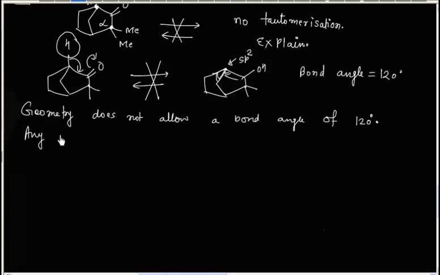So any hydrogen at a bridgehead carbon will not participate in tautomerization.